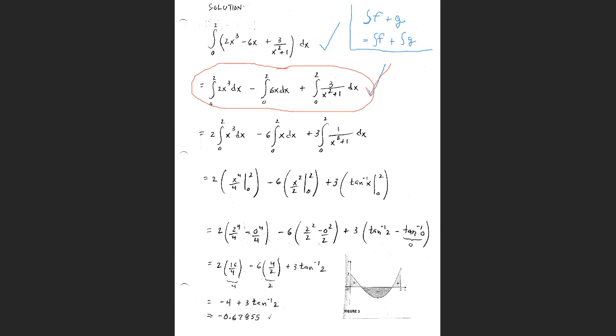And then I notice I have some constants here. I have a 2, I have a 6, I have a 3. Let me bring those constants out in front of the integrals. That's another property of integrals, right?